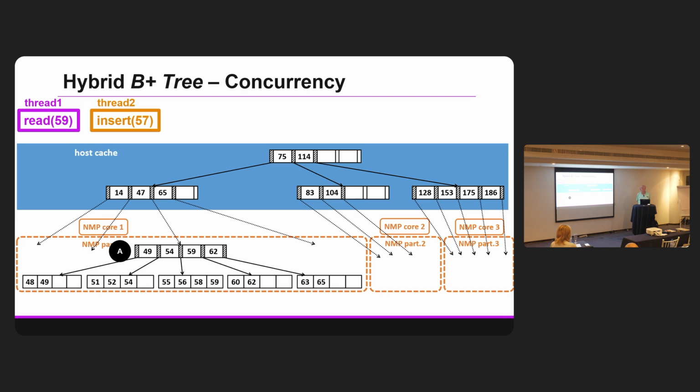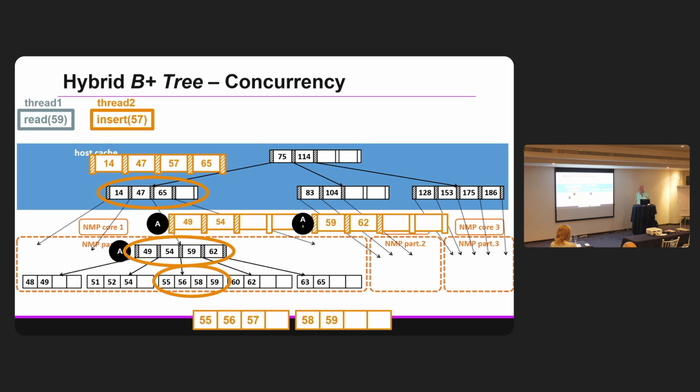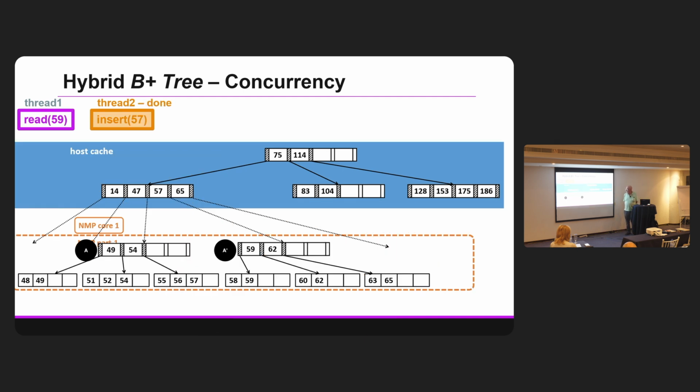Here we have 2 concurrent operations, one that is reading 59 and one that's inserting 57. Both of them get queued at the NMP. The NMP goes to this node A, does what we saw before, and splits it into 2 pieces.